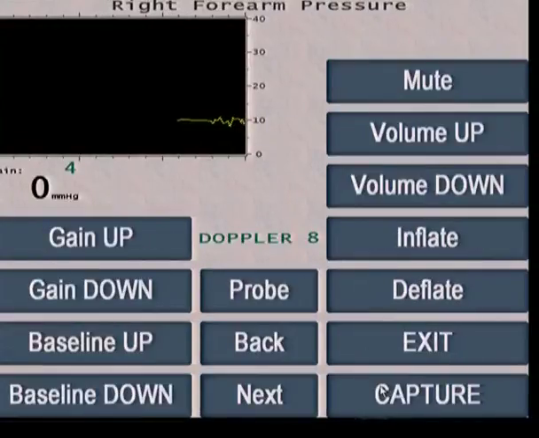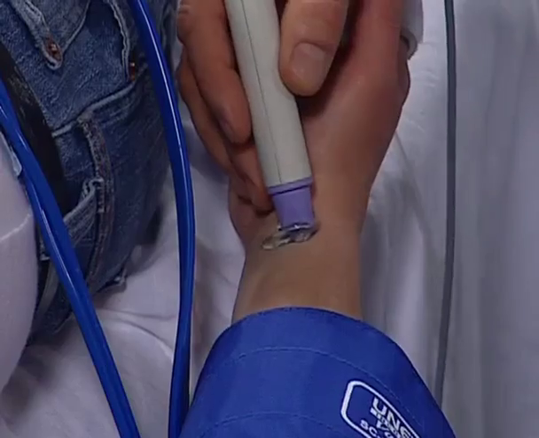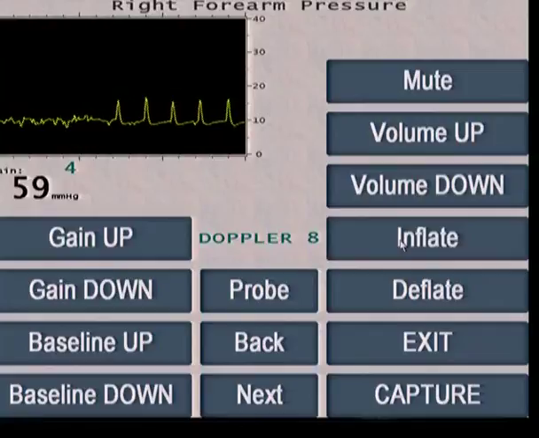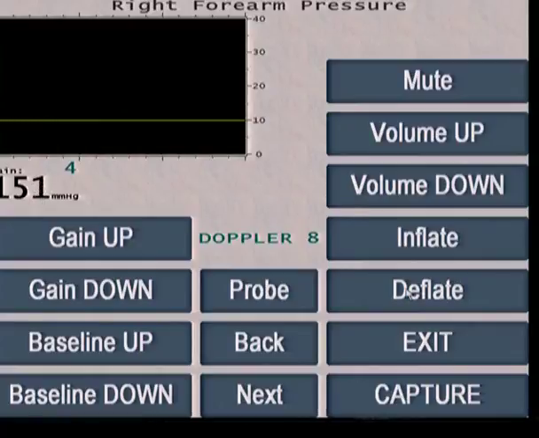This will be the right forearm pressure. We'll use the same vessel, same radial artery for this. This is starting to bleed back down now.